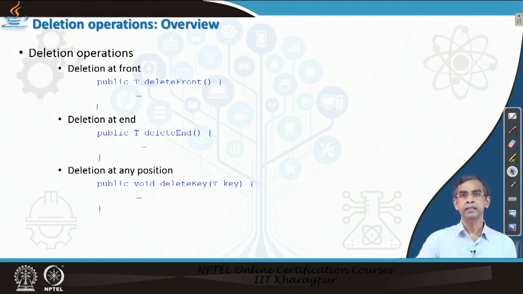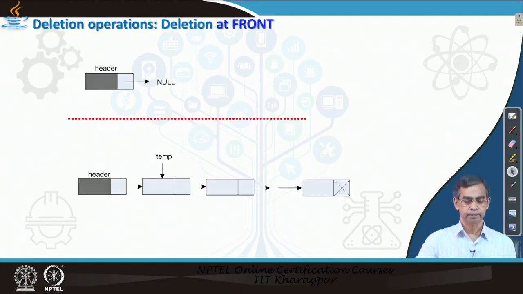First, we shall start with the delete front operation, that means deleting a node from the front of a linked list. Now, there are two cases possible in this operation, mainly deleting something from an empty list. Obviously, there is nothing to delete.